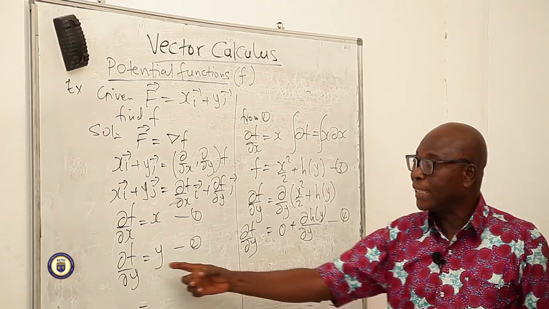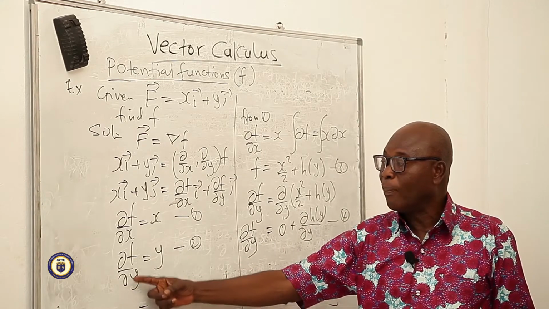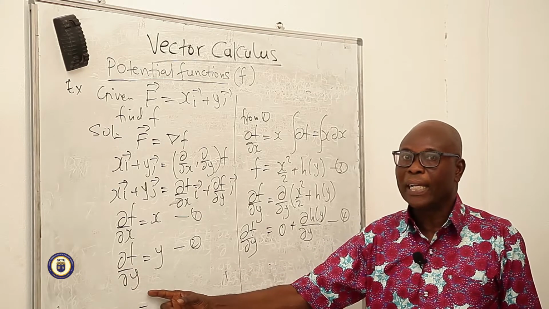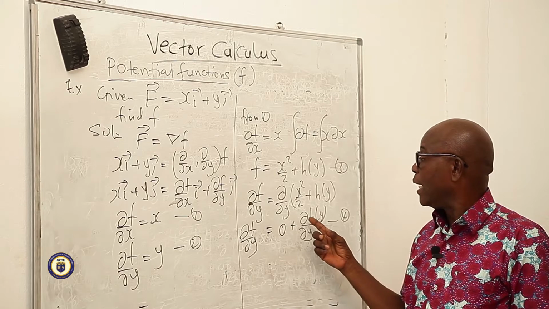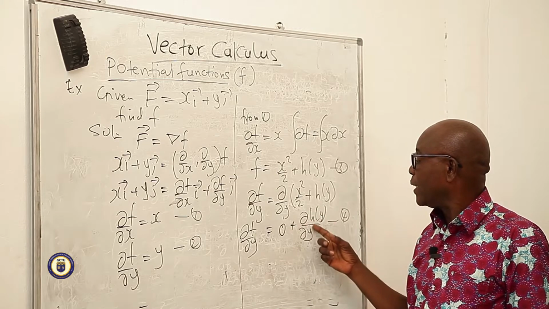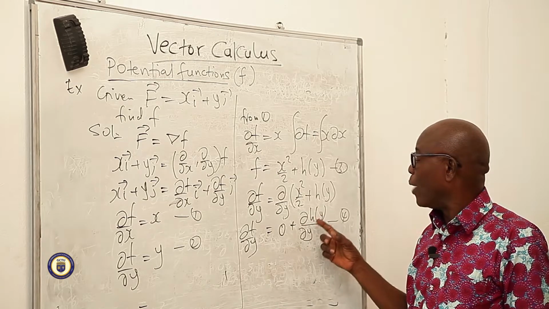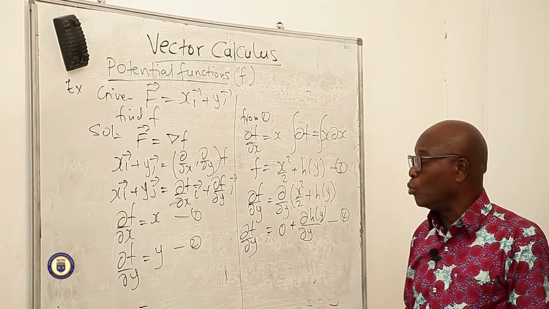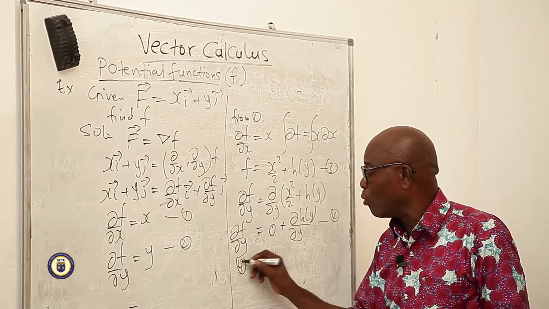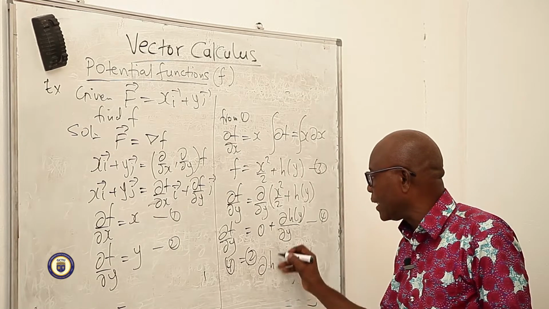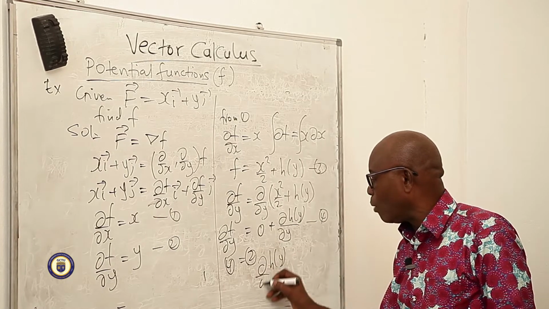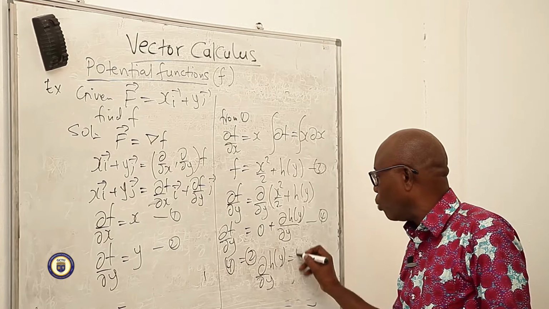And so you see that, look at equation 2. Partial f partial y gives us y, and the same partial f partial y is the derivative of h of y. So you can equate. Putting 4 equal to 2, what we have is that partial h of y partial y is equal to y.